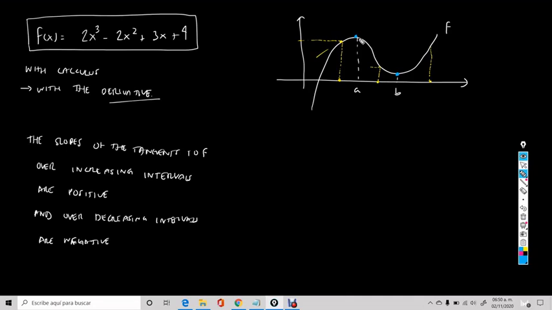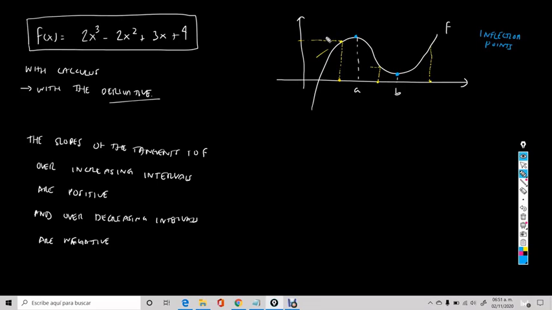So these are like inflection points. And in fact, those are the proper names. Inflection points, because that's where the function changes behavior.